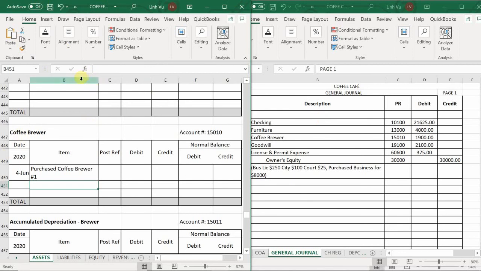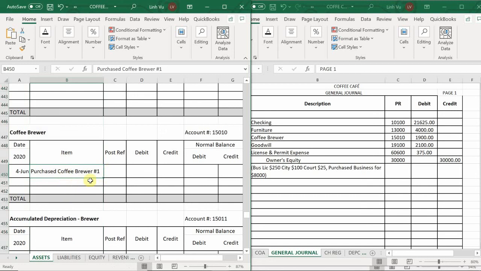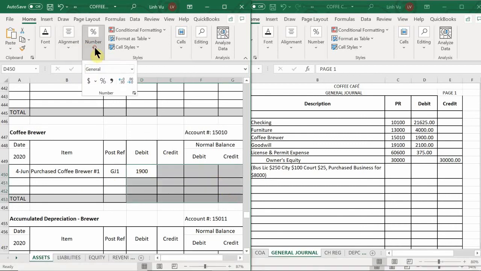If you need to extend for any reason, you can do so. I mean, again, these are your worksheets. However, you're able to view everything at one time is however you want to do it. Post reference, once again, general journal number 1. And we purchased this coffee brewer for $1,900. So therefore, we increased our asset by $1,900.